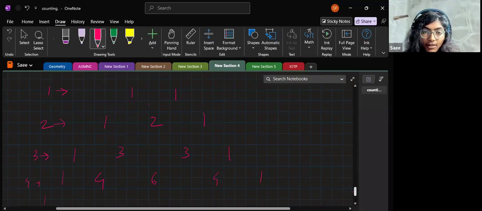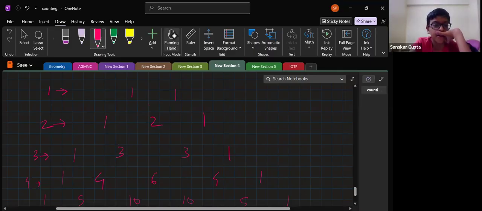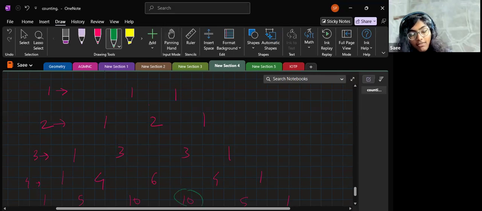First of all, what is the nice thing about this? Each entry is the sum of the previous two things. Anything over here is the sum of the two things above it. It's the famous Pascal's triangle.